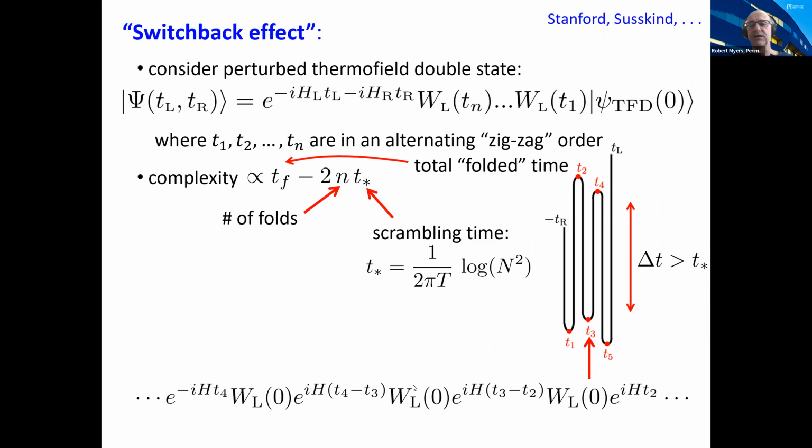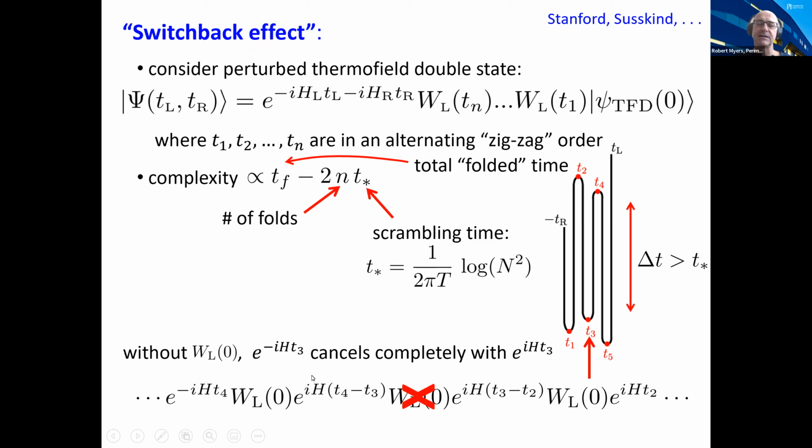Now, if I did not have that operator, then it's clear that the backward evolution here would completely cancel with the forward evolution, with the e to the minus iHt3 on the other side. And so without that perturbation, there'd be no extra complexity associated with the time evolution down and back.